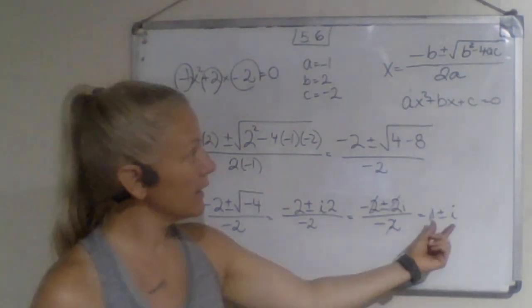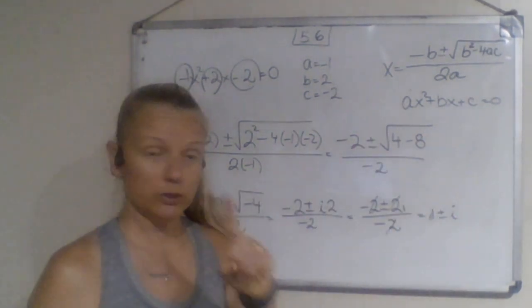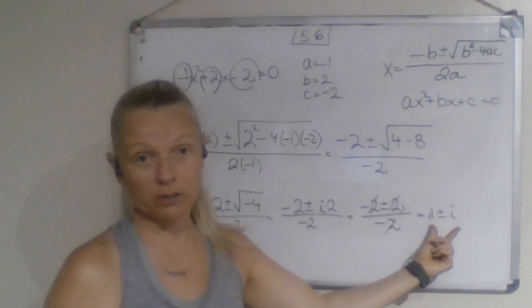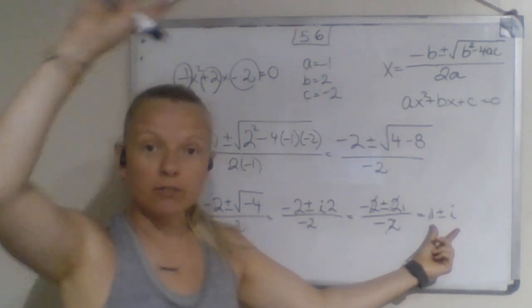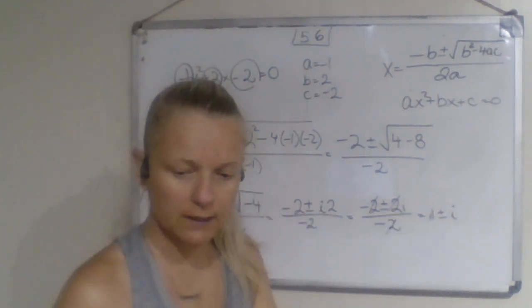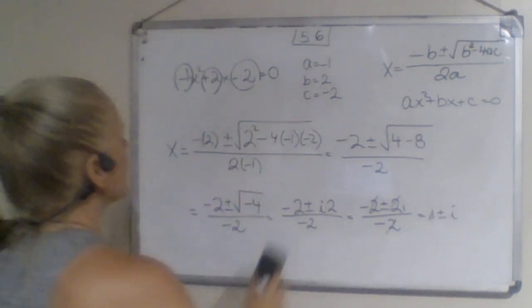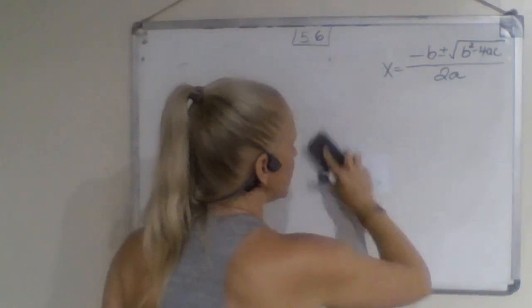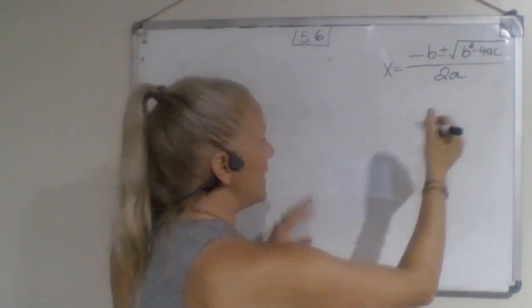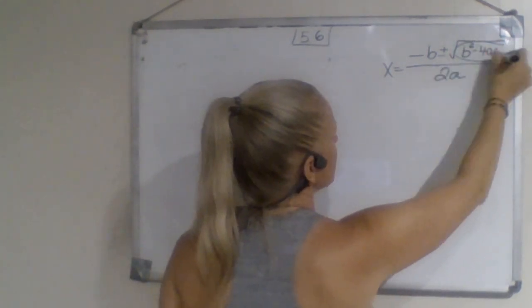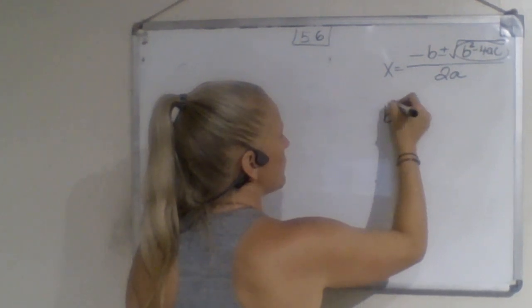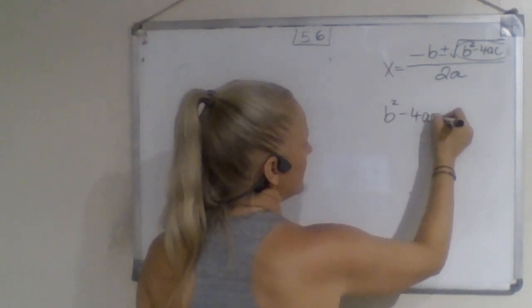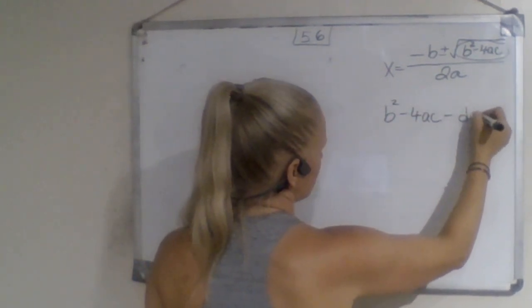So right now, before we had 1 solution. Now we don't have any real solutions. Our solutions are imaginary. In the first example we had 2 solutions, and they were both real. There's a reason for that, and we talked about this last year. The number underneath the square root, this expression, b squared minus 4ac, is called the discriminant.